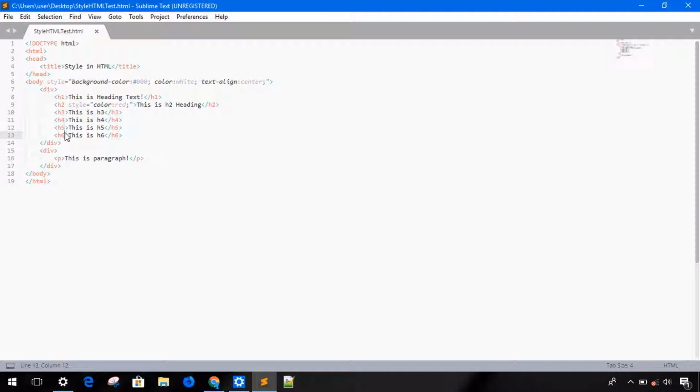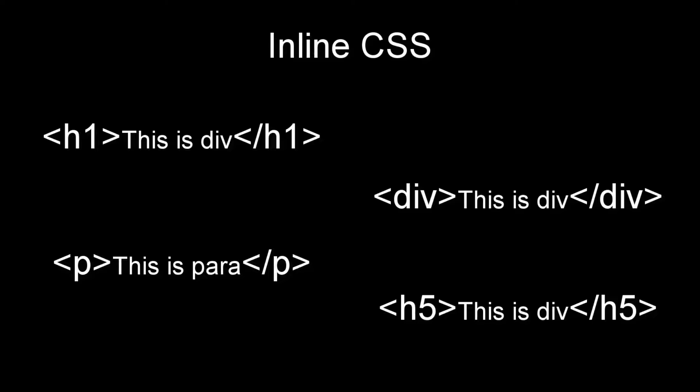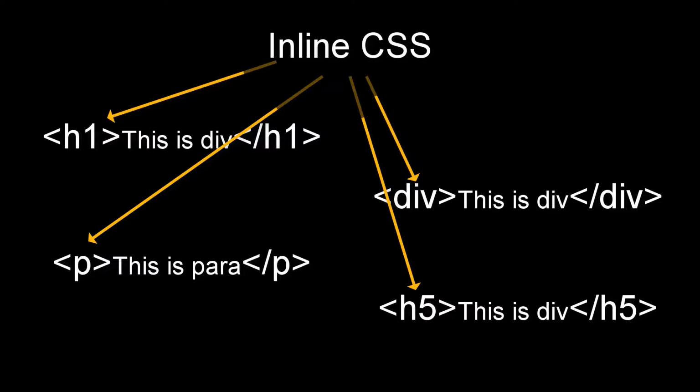You can also apply it to any individual tag, that is h6, paragraph, div, or any HTML starting tag. So that was the first way called inline CSS, in which you define all the properties on each and every element. The demerit of inline CSS is you have to write too many styles for individual elements.